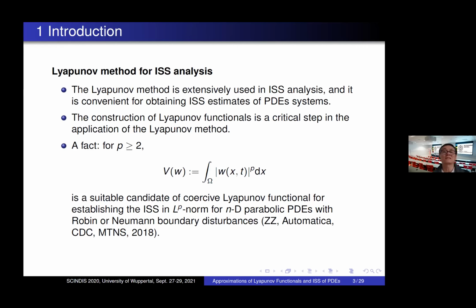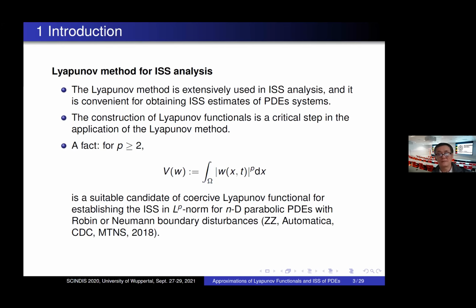But for some classes of systems, for example, parabolic PDEs with Neumann or Robin boundary conditions, if we are looking to establish ISS in the L^p norm with p bigger than or equal to 2, we can choose a functional of this type. Actually, this is the p-th power of the L^p norm of the solution.